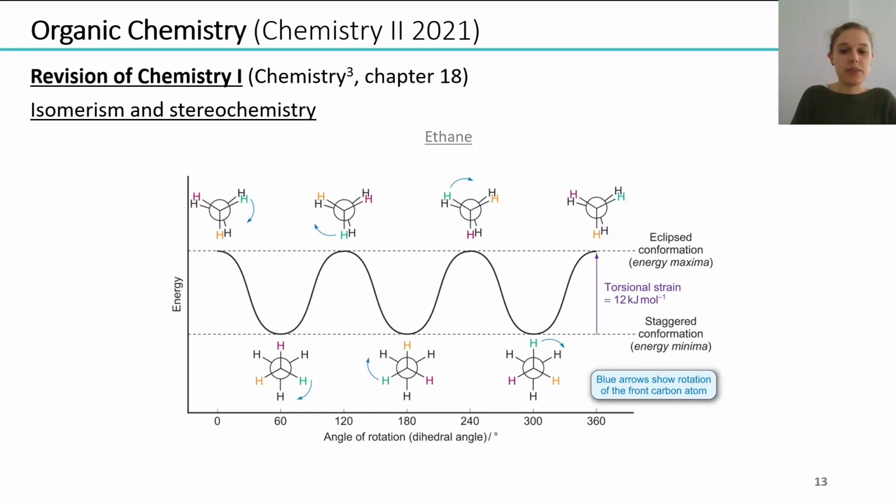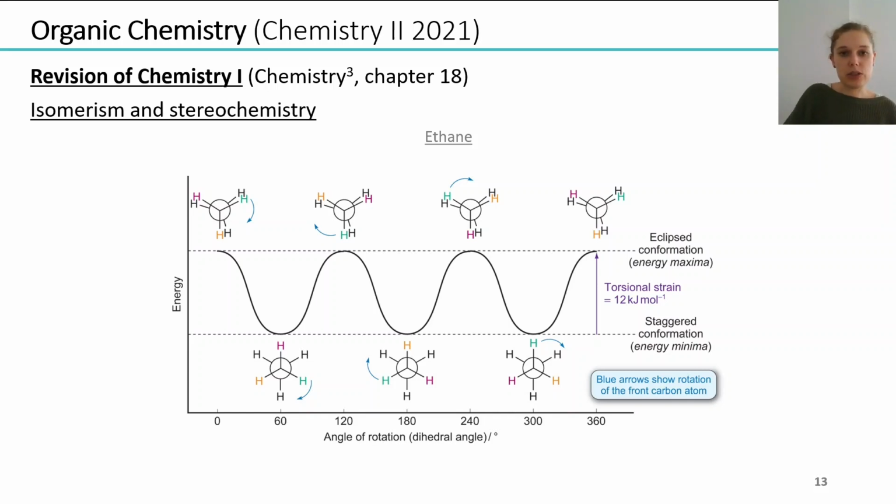This torsional strain can also be called energy barrier to rotate. And important here is that you always have in mind that there is a small energy barrier of, for example, 12 kilojoule per mole, but this energy barrier is quite small, and so this rotation can easily be done at room temperature.